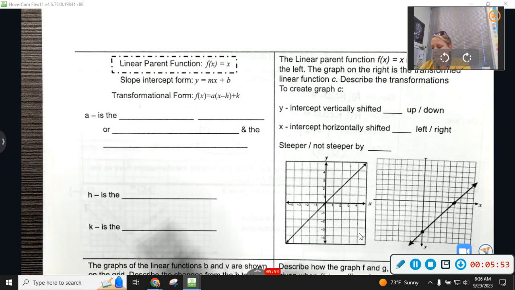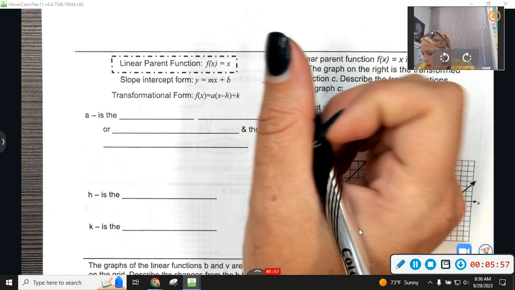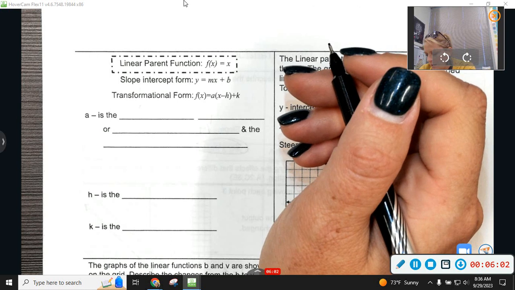However, instead of y equals, in function notation we have these variables a, h, and k. Okay?